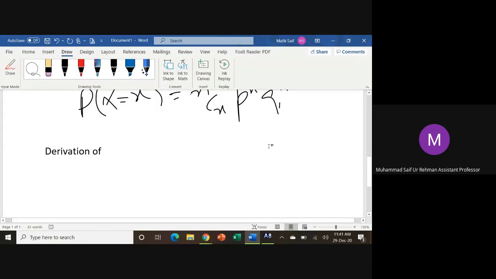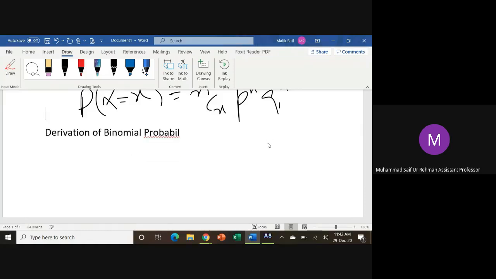Derivation of binomial probability distribution.